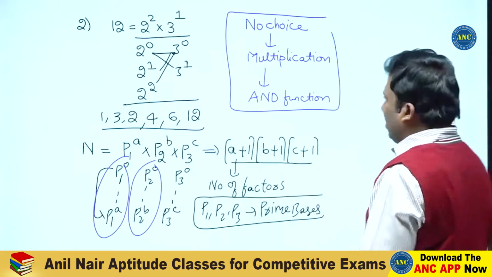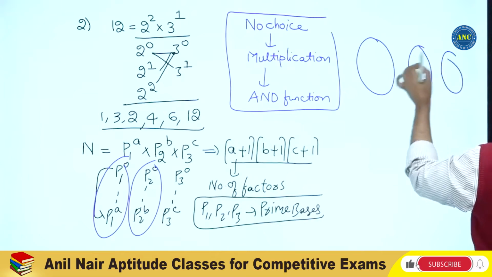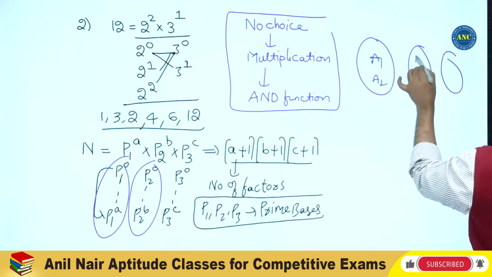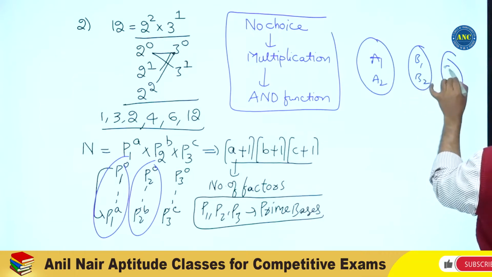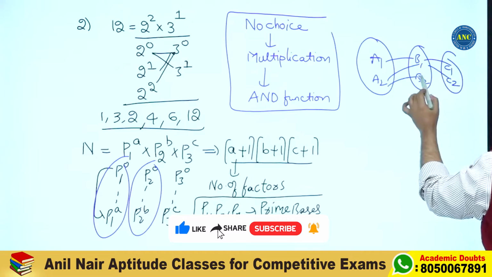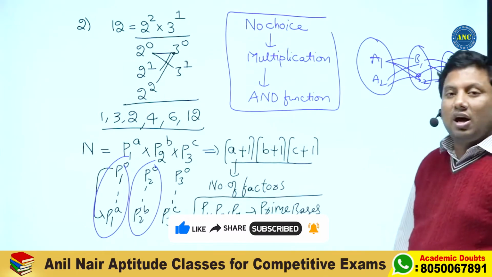Suppose a person has to go from A to B, and B to C. There are A1, A2, B1, B2, and C1, C2. A to B, B to C, A to B1, like this. So many ways are there. Are you all with me?